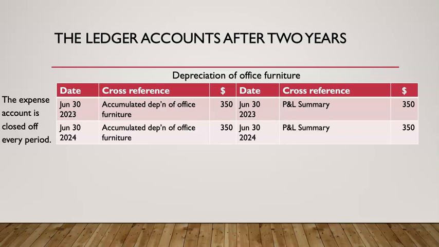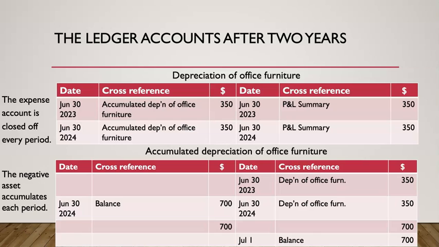And because it's another expense, we're going to close it again in our P&L summary account. The negative asset account, accumulated depreciation, also accumulates a reduction in the asset because our asset is worth $350 less after 2 years. So on 30th of June 2024, we post another credit.